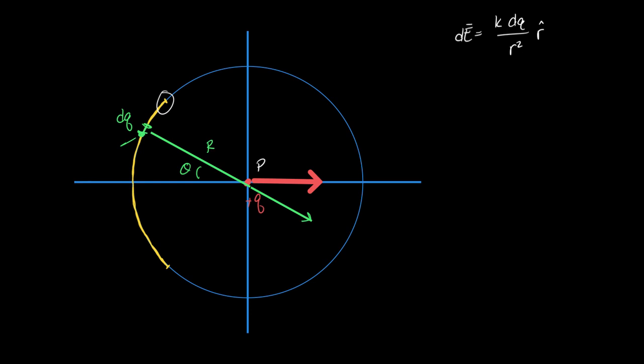So I'm going to address each piece by using the radius and an angle, and I'm going to say the size of that piece is a piece of arc length, and that the arc length is related to these two values, in that the amount of arc length there is r d theta. And then I'm going to represent Q in terms of these by using the charge density, lambda, to say that dq is equal to lambda ds. And so this is how I'm identifying the size of the piece of charge.